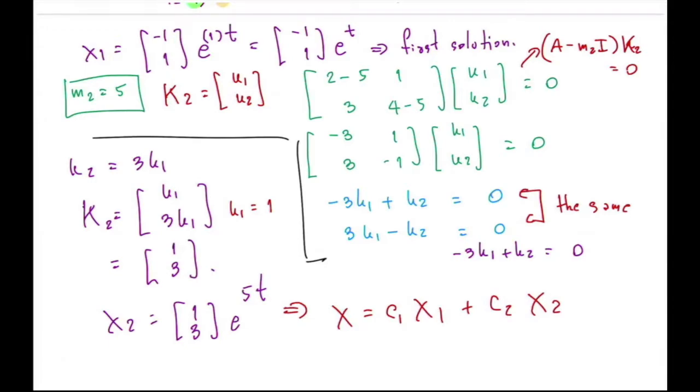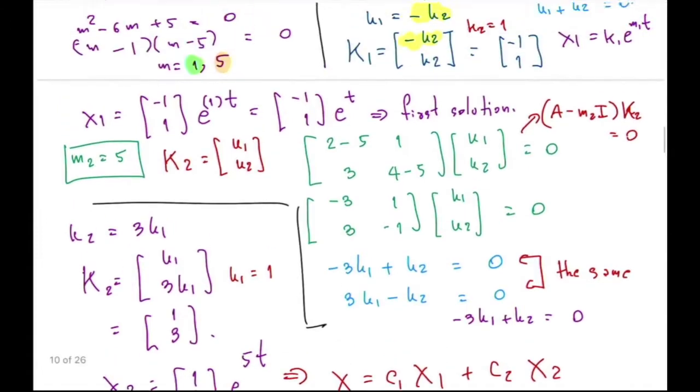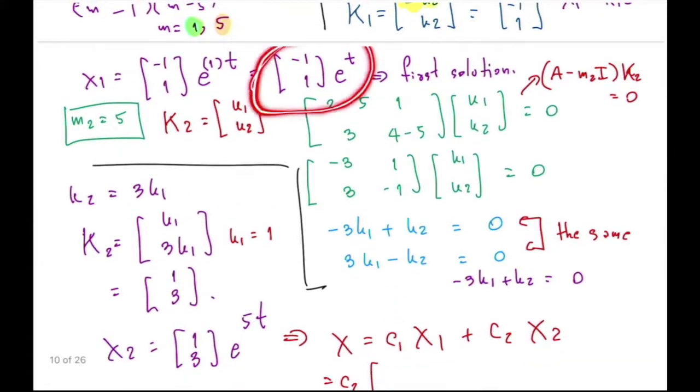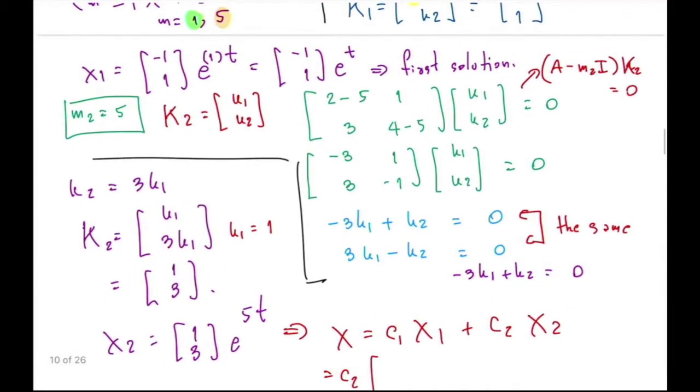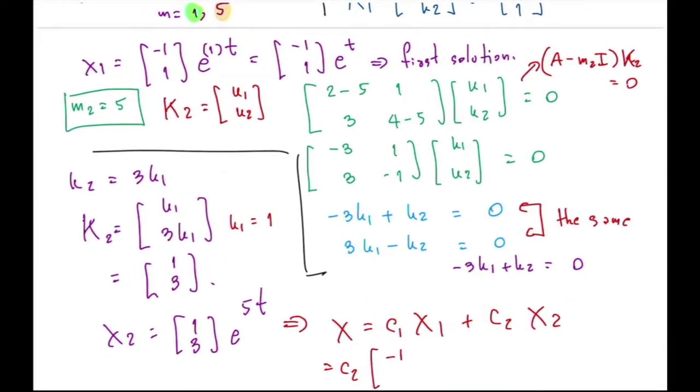So here we would have c1 times x1, the first solution, which is minus 1 and 1 e to the t, plus c2 times 1, 3 e to the 5t, and that's it. That is the solution.